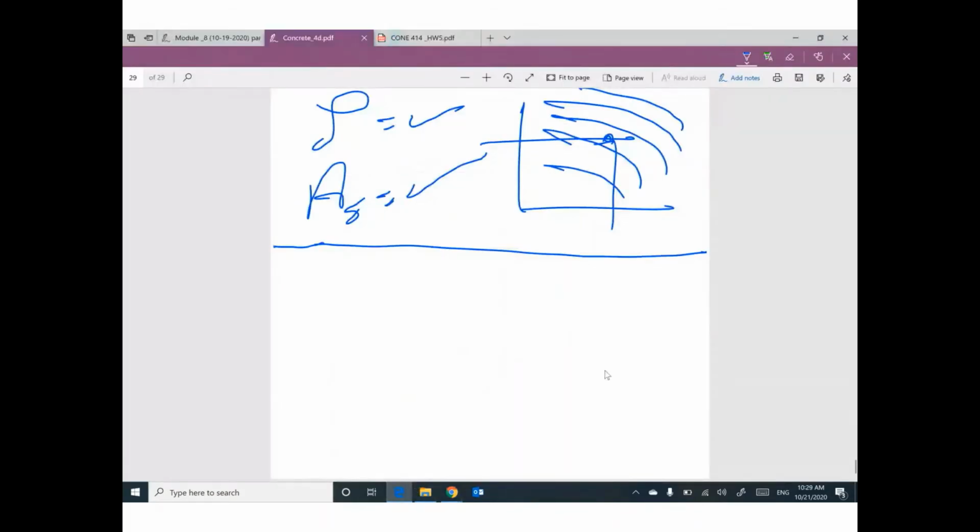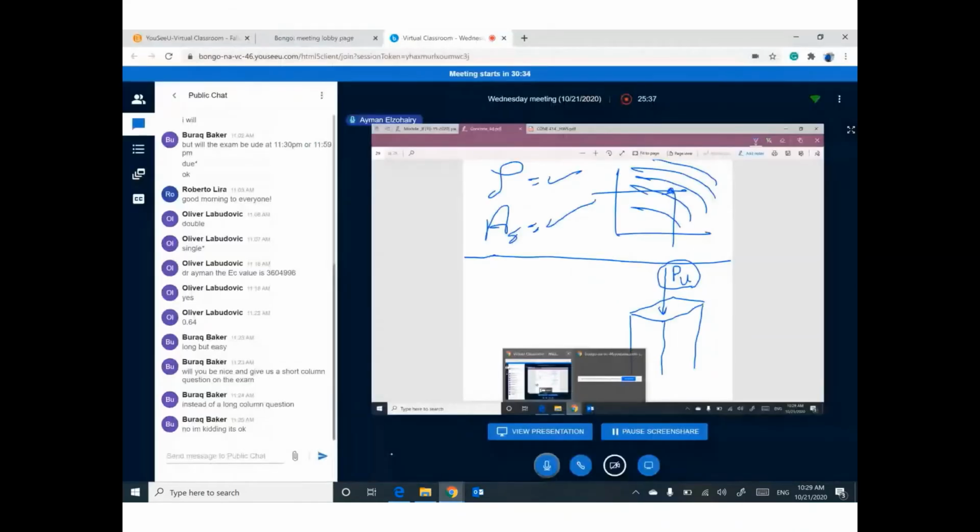Okay, whatever the type of the column, short or long, spiral or tied, we have to figure out a value of P ultimate. Anybody can tell me how can I get the value of P ultimate? I'm asking right now about a question related to structure analysis a little bit. So what is the meaning of P ultimate? What is the meaning behind P ultimate? I believe it's a reaction. That's right. P ultimate is a reaction.